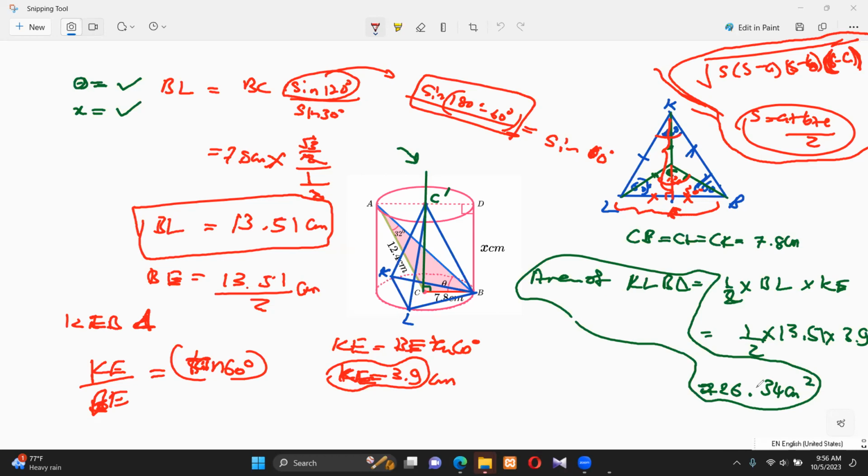This is the area of the base triangle approximately. Now we want to find out the next part. Let me store that.